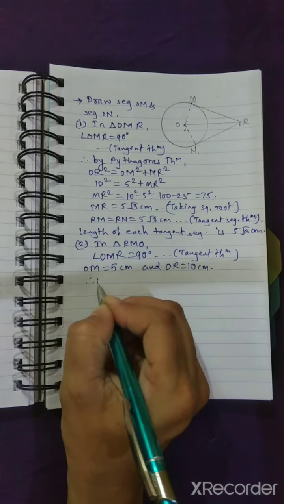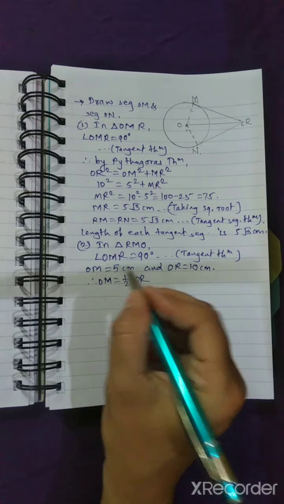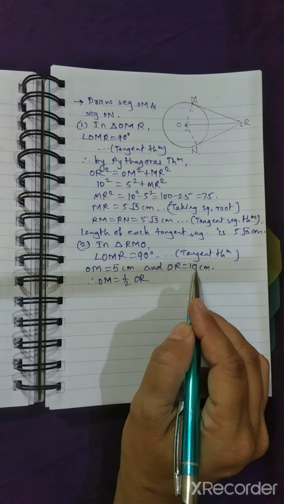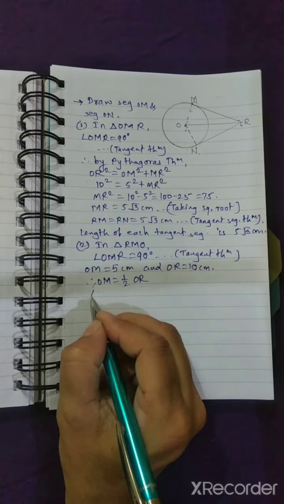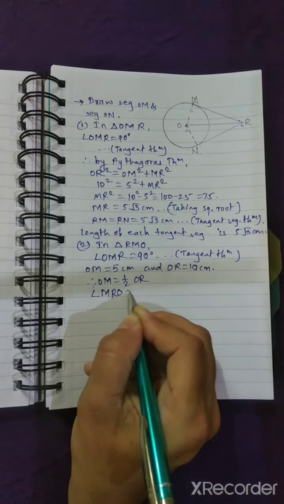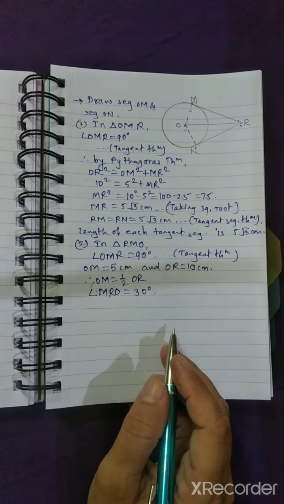So OM is half of OR. This 5 is half of 10. Therefore angle MRO is 30 degree.